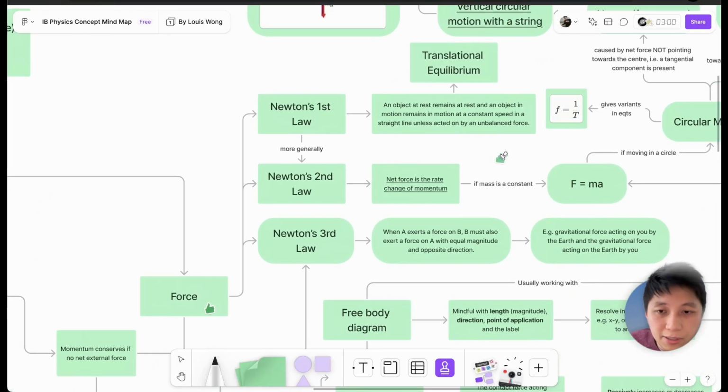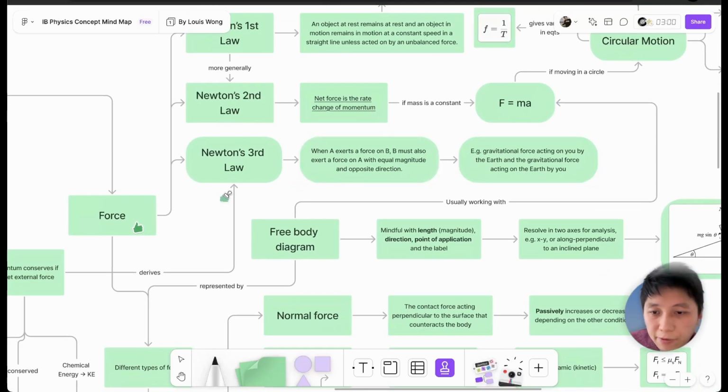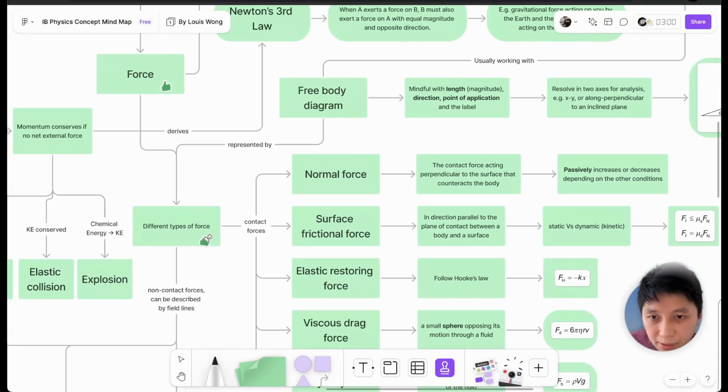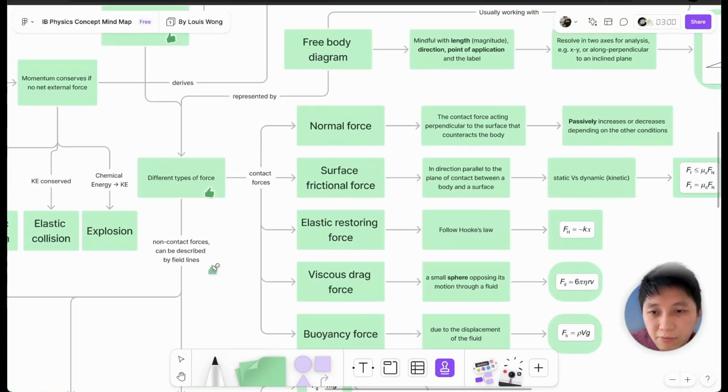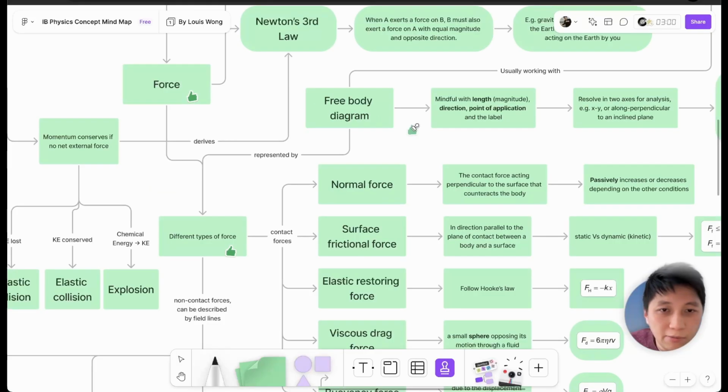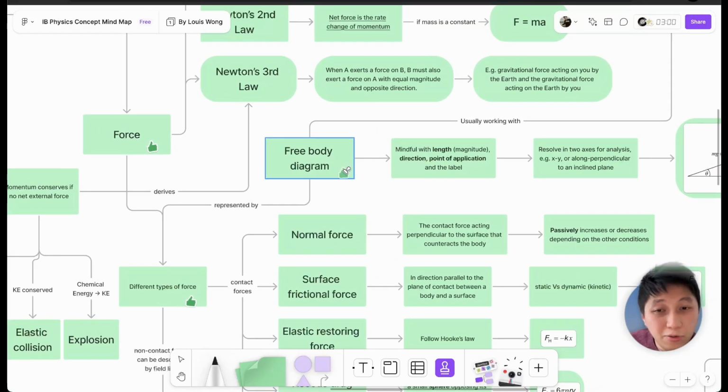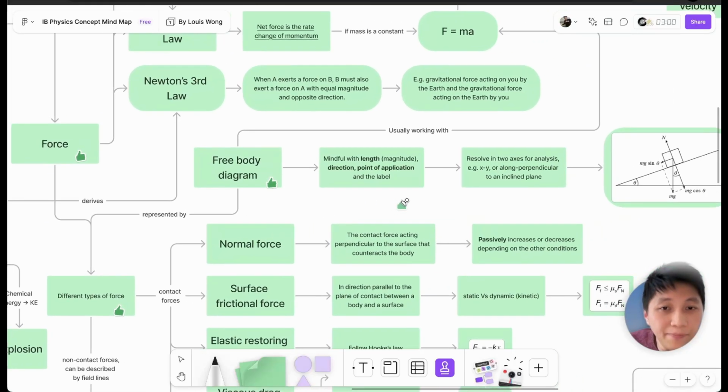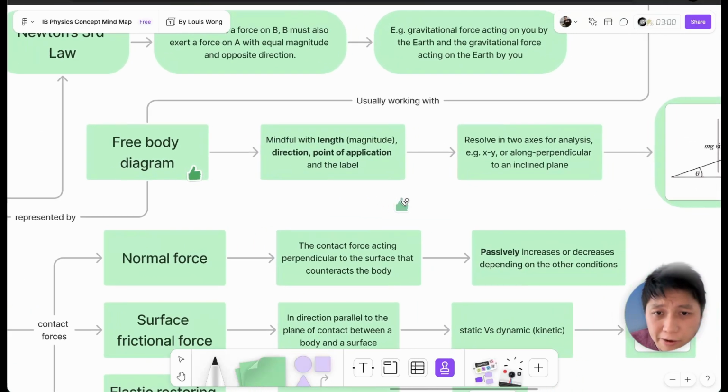For forces, you will first find there are different types of forces, which we'll go through soon. And no matter what force you are talking about, you should be able to represent them by using something called a free body diagram. When you draw a free body diagram, you should pay attention to the length, which represents the magnitude, and also the direction.